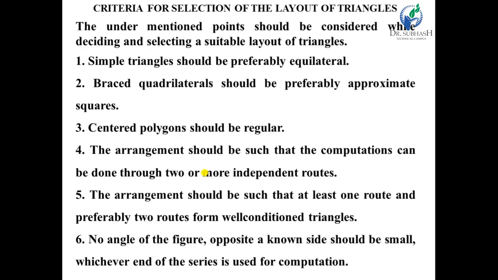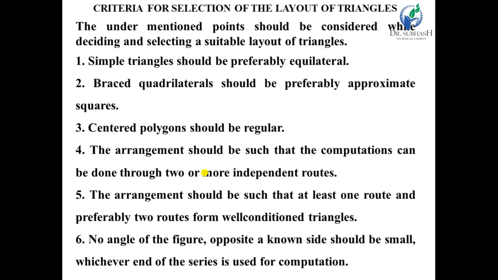Now we are moving to the criteria for selection of the layout of triangles. The under-mentioned points should be considered while deciding and selecting a suitable layout of triangles. Simple triangles should preferably be equilateral, and braced quadrilaterals should preferably be approximate squares.